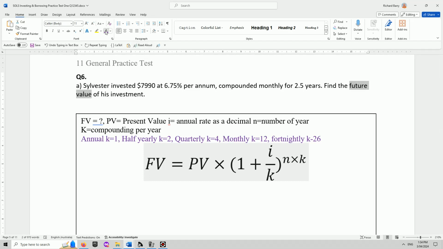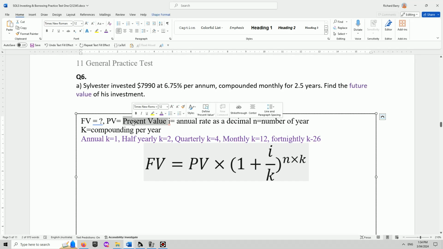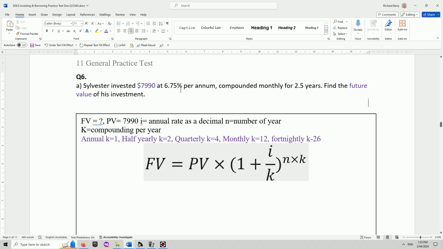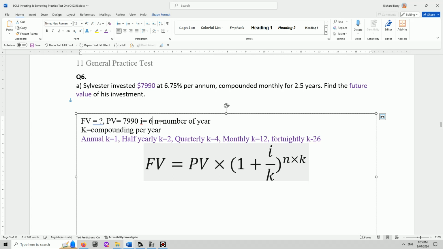The present value is 7,990. I've dealt with this piece, this is PV, done. The interest rate is 6.75, I believe, compounded monthly for 2.5 years.